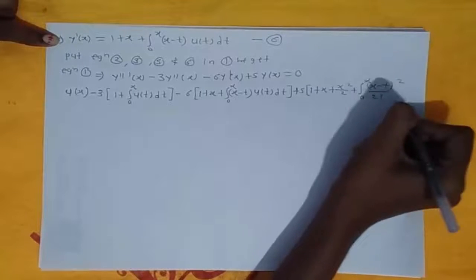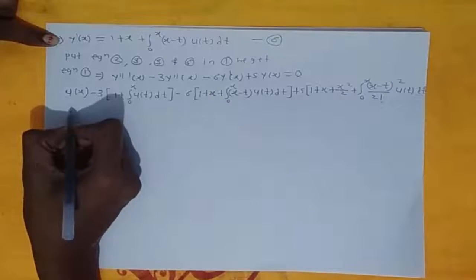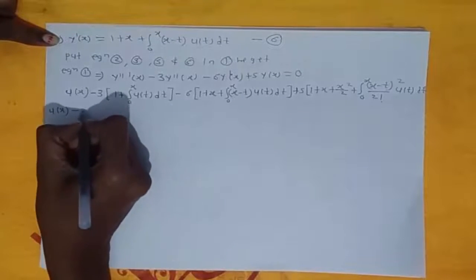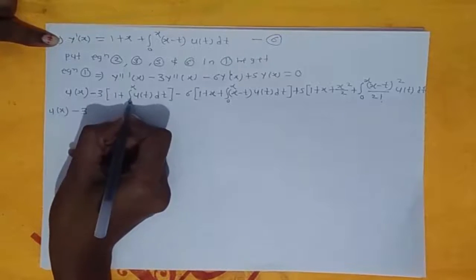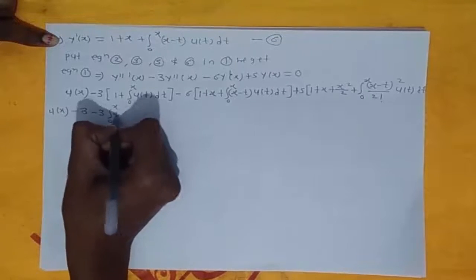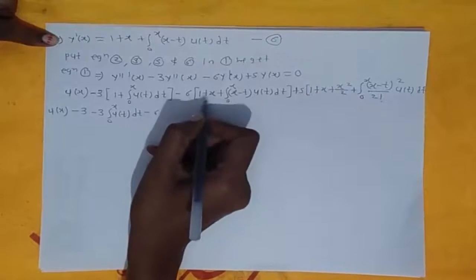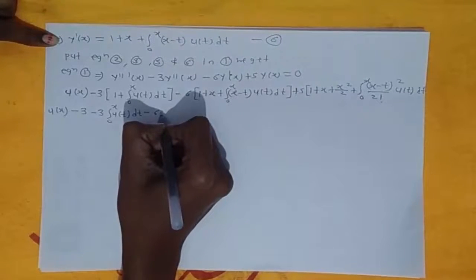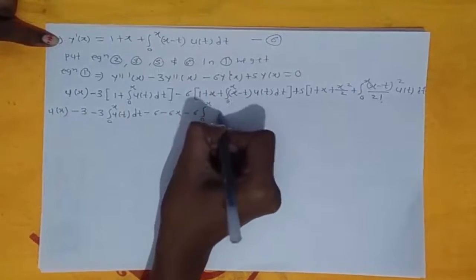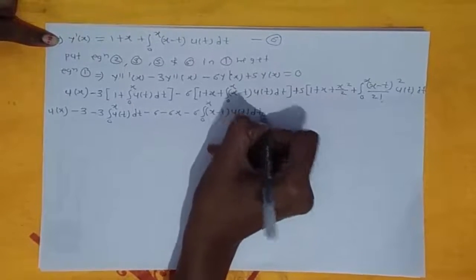divided by 2 factorial into u of t dt. That is, we get u of x minus, if we multiply this minus 3 inside the bracket, we get minus 3 integration from 0 to x u of t dt, minus 6, by simplifying, minus 6x minus 6 integration from 0 to x (x minus t) into u of t dt.